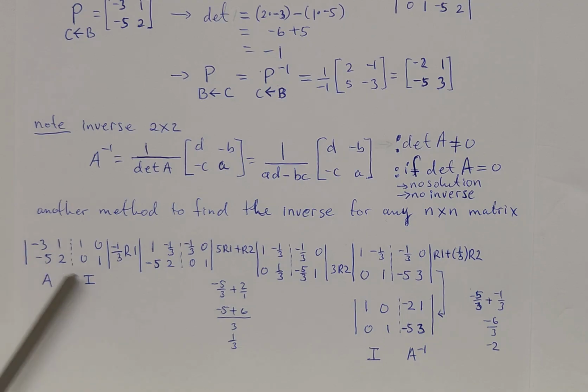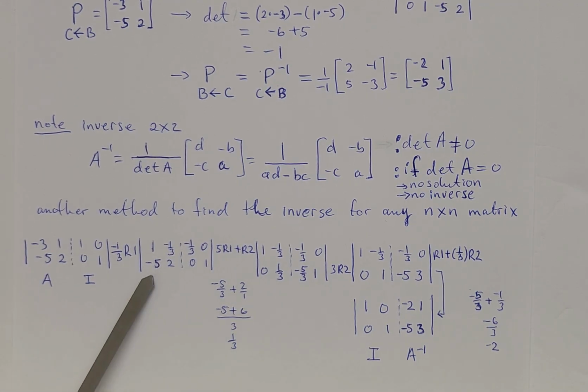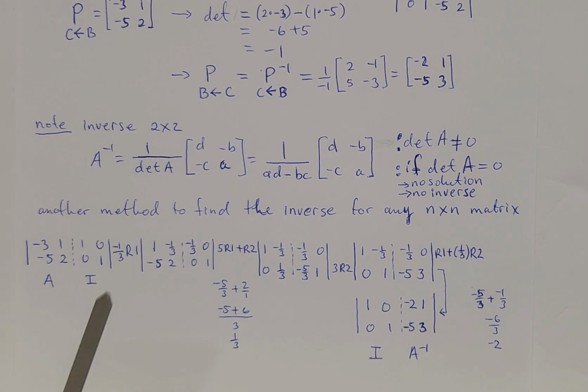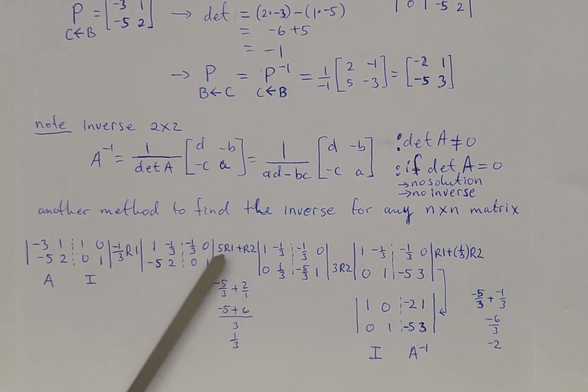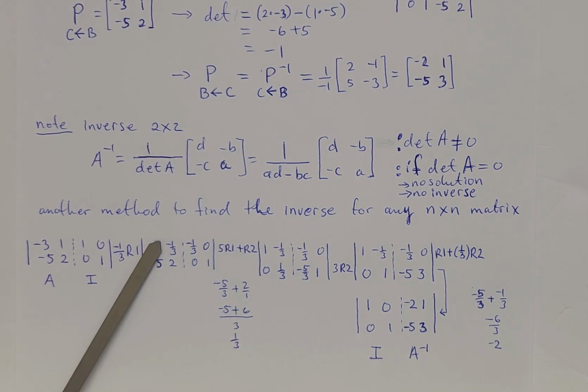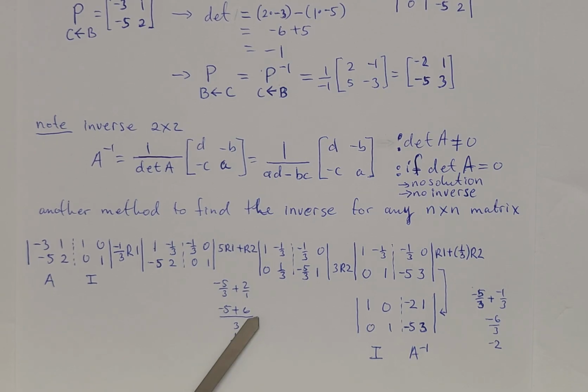Next, I need this -5 to become a 0. So the opposite of -5 would be +5. So 5 times R1 plus R2. So 5 times 1 is 5, subtract 5 is this 0. 5 times -1/3, which I have here, plus 2, which I have here: cross multiply gives me -5 and 6 on top.